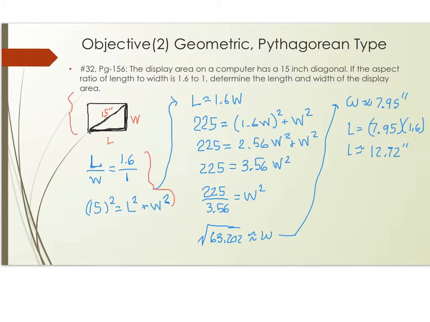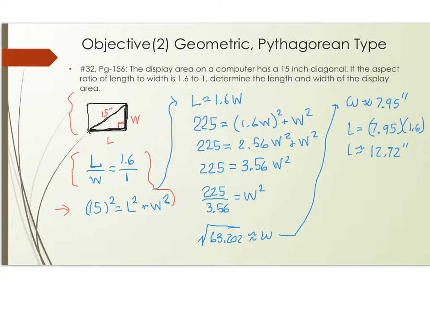We have a right triangle, so we have the length and the width. And so the ratio formula is length to width is equal to 1.6 to 1. And the other formula that we have is the Pythagorean theorem, which says that the hypotenuse squared is equal to the length squared plus its width squared.